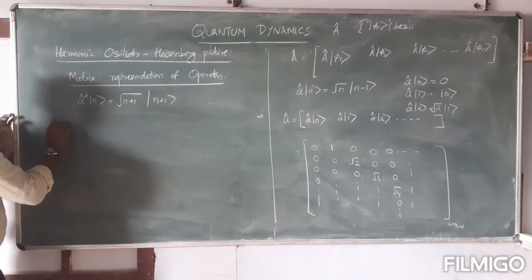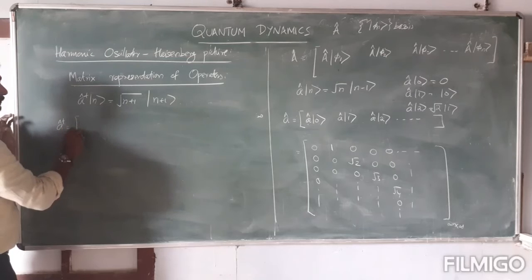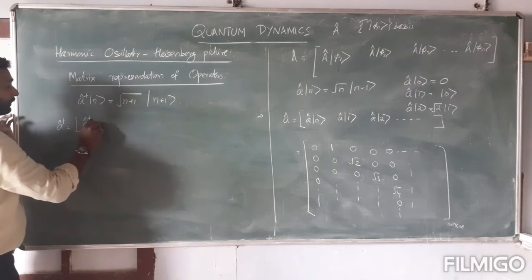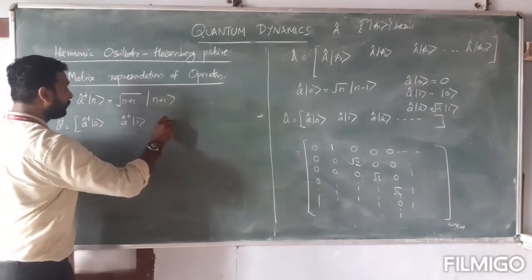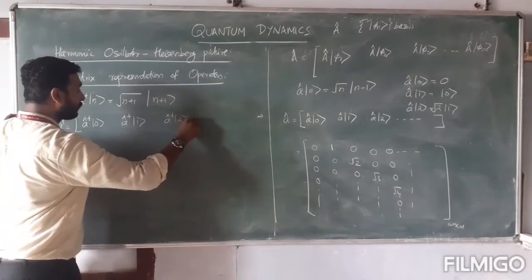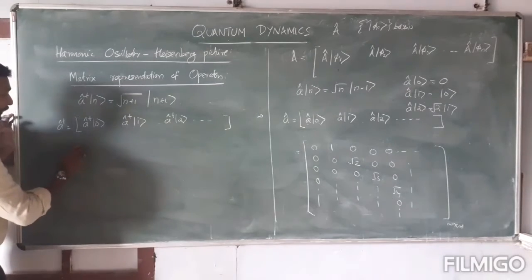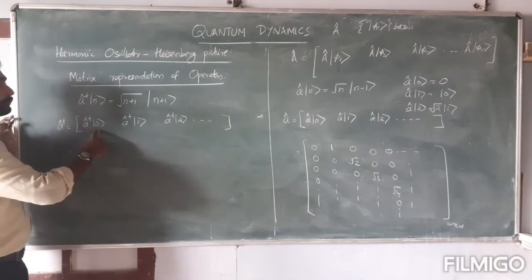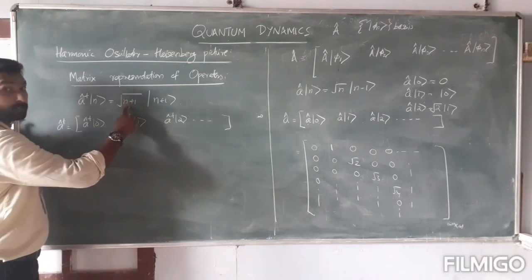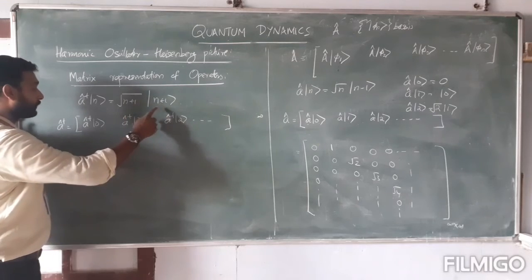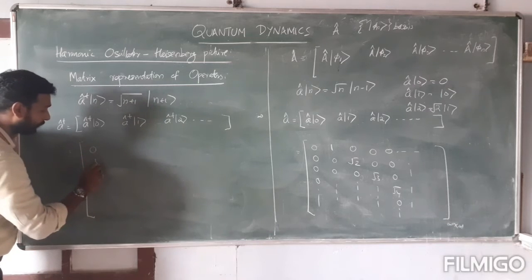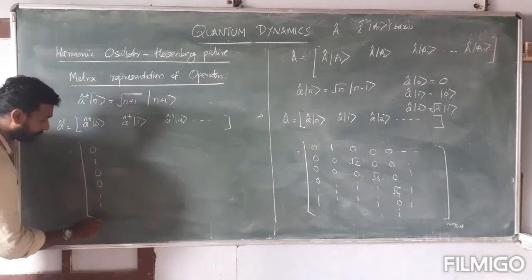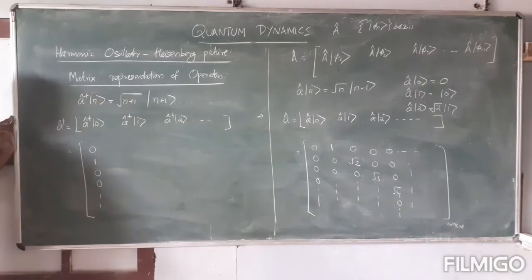Okay, so the A dagger matrix form: A dagger acting on ket 0, A dagger acting on ket 1, A dagger acting on ket 2, etc. And what is A dagger acting on ket 0? That will give root 0 plus 1, that will be 1 times ket 1. So that will be ket 1, and ket 1 is 0, 1, 0, 0, etc. And it will go up to infinity.